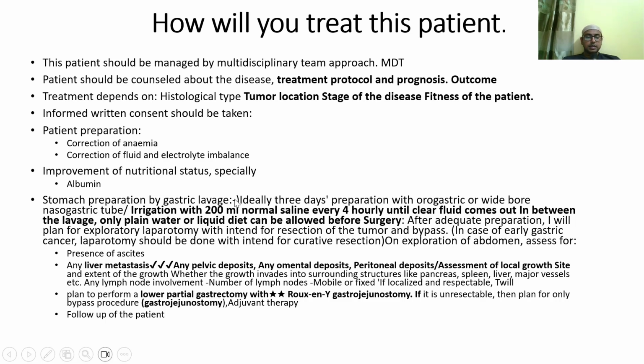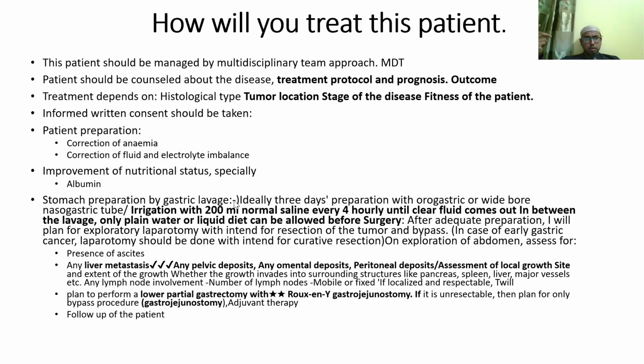Stomach preparation by gastric lavage is very important because you have to work on the stomach, and the stomach wall is very thick. You can't do a good anastomosis on the stomach wall because of the edema and wall thickness. So you have to make the stomach wall thin, and the hypertrophied muscle will return to normal.